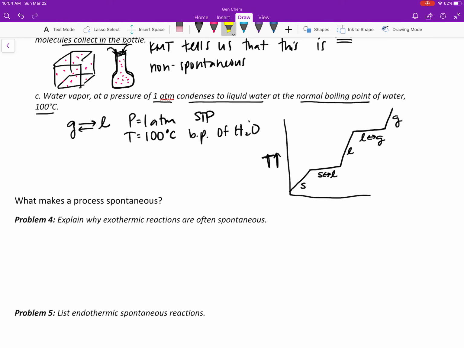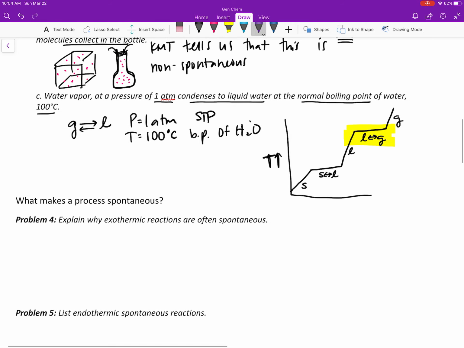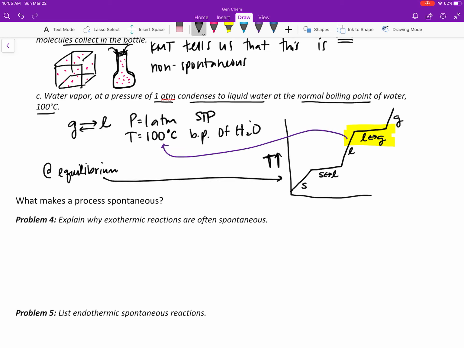So we know that at 100 degrees Celsius there's actually an equilibrium process occurring. Even though liquid is escaping into the gaseous state, gaseous molecules are being trapped back in the liquid state. So this tells me this is at equilibrium because of that chart, okay?